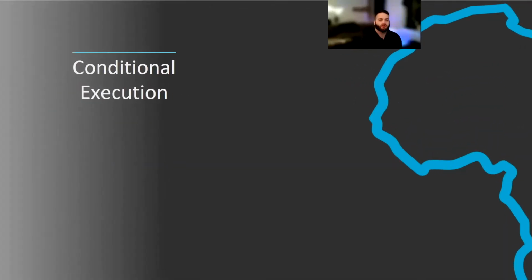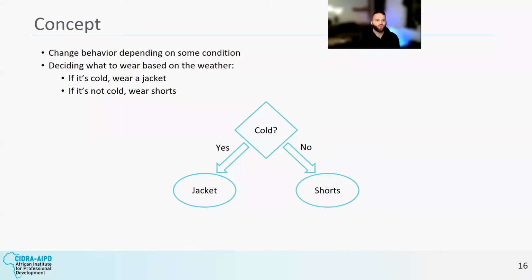The second section that we will go over today is on conditional execution. So what is conditional execution? What does that even mean? So that's just the technical name for something that we're actually used to in our daily lives. So for example, all it is when you change the behavior of something depending on the condition of something.